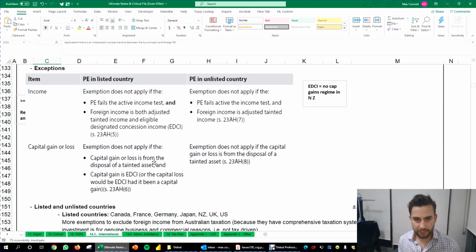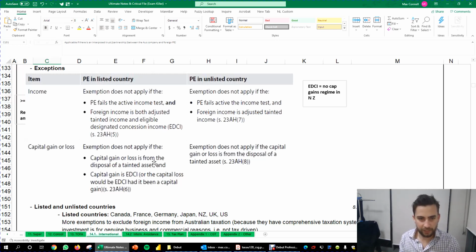So basically, in other words, the income must relate to running an active business. If it's passive income, just passive investment income, i.e. just investment in shares, not actually managing a business, it's most likely going to fail this test. And it means that the income wouldn't have an exemption in place.